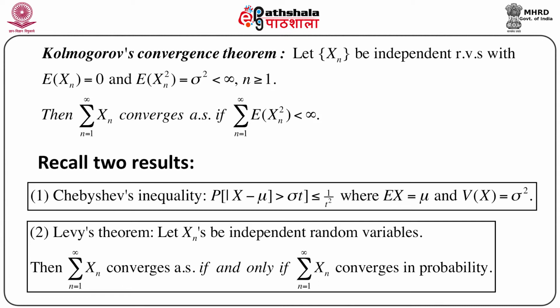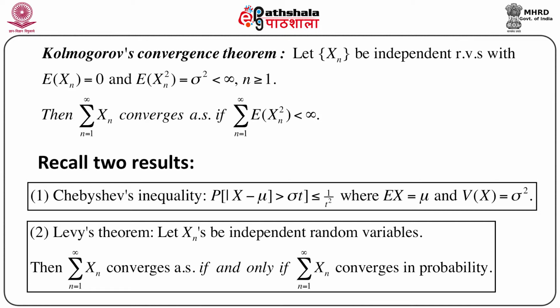Then summation x n, n equals 1 to infinity, converges almost surely if summation of expectation of x n square is less than infinity. That means we need the existence of, and a condition on, the second order moment. It is enough to assume only the existence of second order moments.